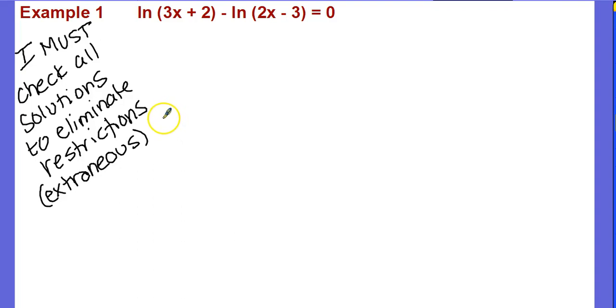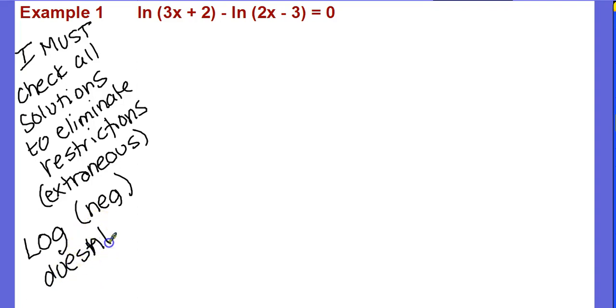And here's why when we're working with log equations specifically, we really have to be careful, because if I have the log of some negative value, the log of a negative number doesn't exist. It does not exist. You check it with a calculator. You plug in the log of -1. It'll tell you domain error.